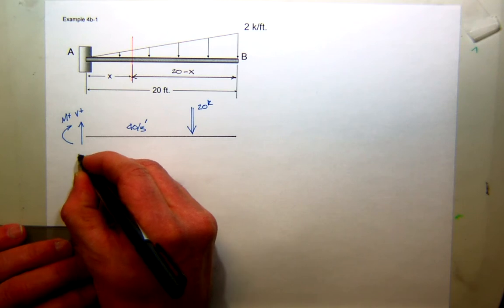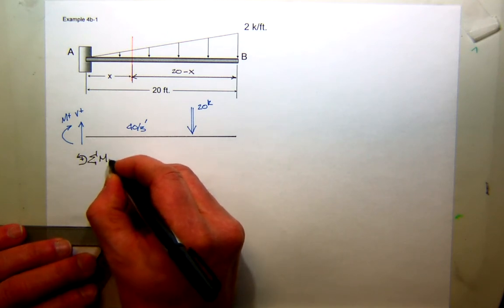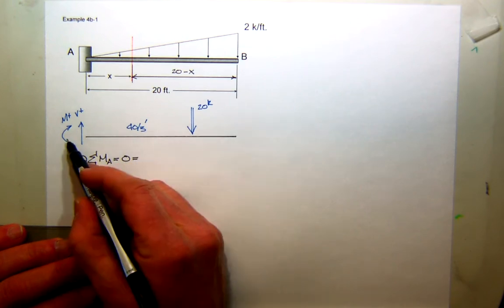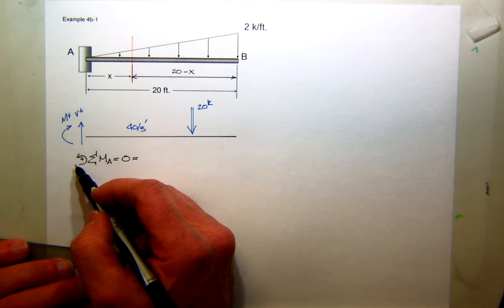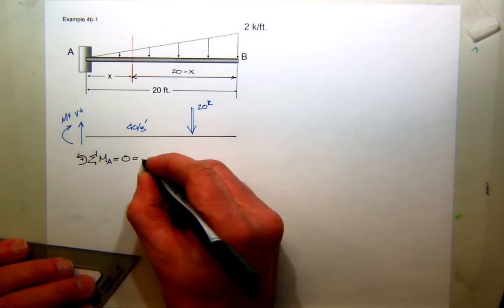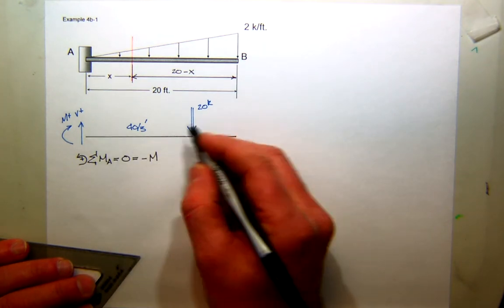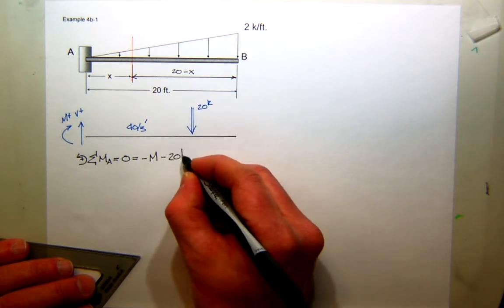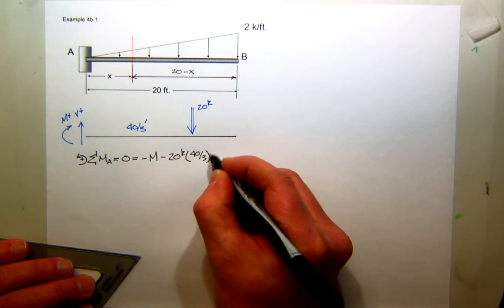Well, if I come here and sum moments about A, make sure we're in equilibrium. This moment, with my sign convention for statics, is positive or negative? Negative. This force also creates negative moment, so that's 20 kips times 40 thirds feet.